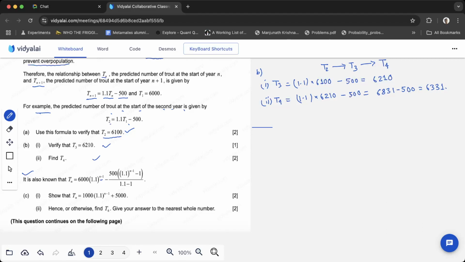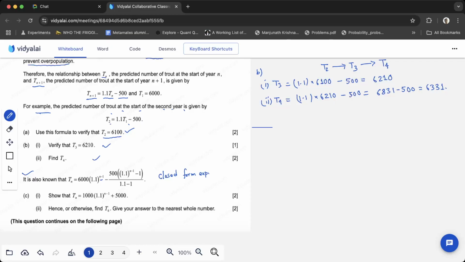This expression is not a recurrence relation, rather it is a closed form expression, in the sense that Tn is expressed in terms of n and some constant parameters, so that for any generic n, you can readily find the value of Tn, or in other words, the population of trout as a function of the year.